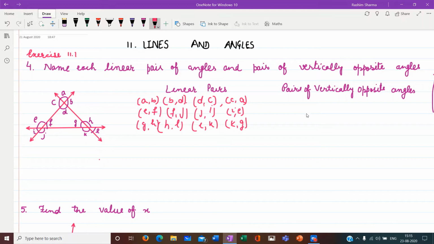Then we have to write pairs of vertically opposite angles. Now on the opposite side of each vertex, angles are vertically opposite.